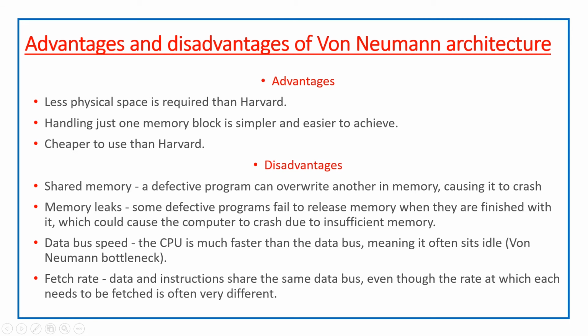So data and instructions share the same bus, even though the fetch rates of data and instructions are different. So this is another disadvantage of von Neumann architecture.